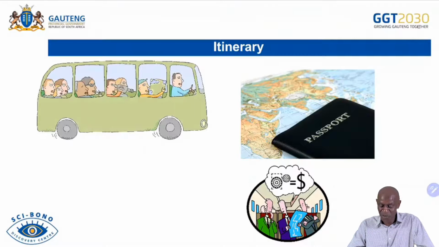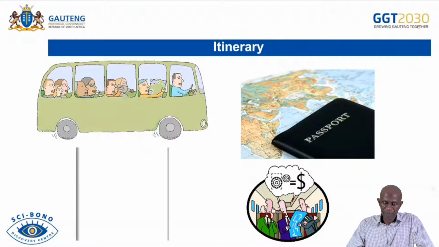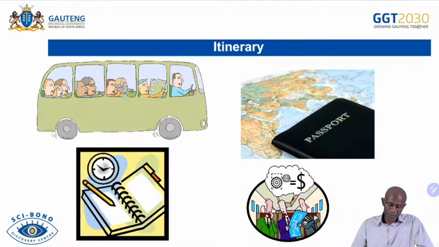You can see transport, a map, a passport, and a financial representation in the form of dollars. That is your budget. So these are some of the aspects that a good itinerary will require. You'll also need the time.